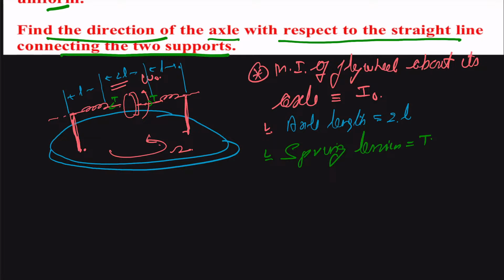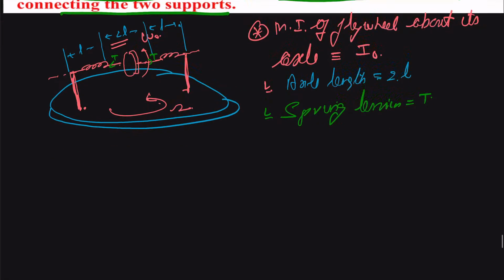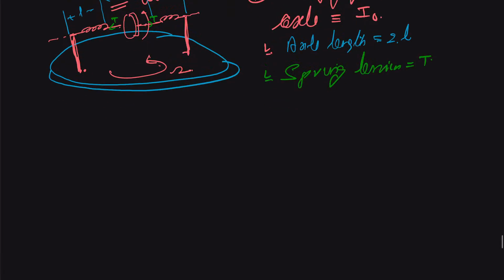And we assume that this axle tilts by a small angle phi relative to the line connecting the supports. This is the important part here, because we are going to find out the equilibrium tilt angle, that is our phi.